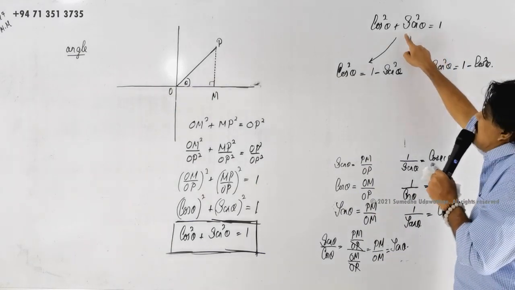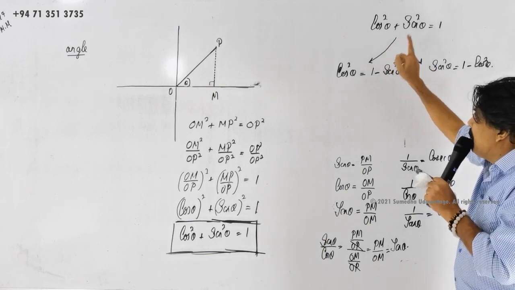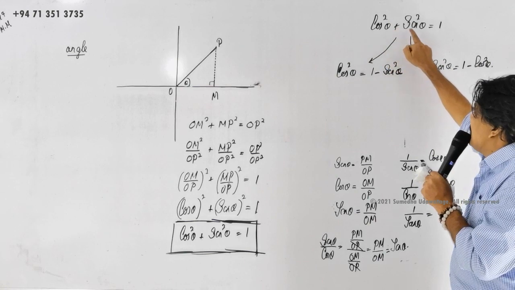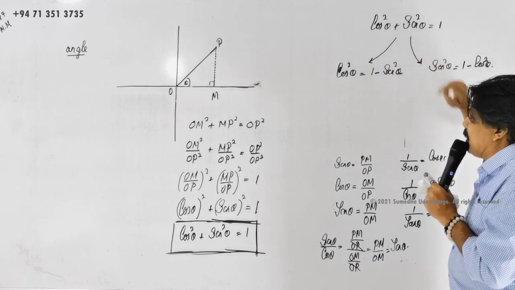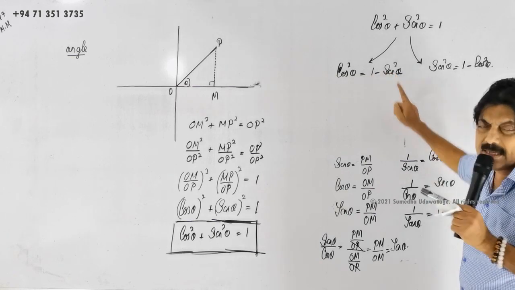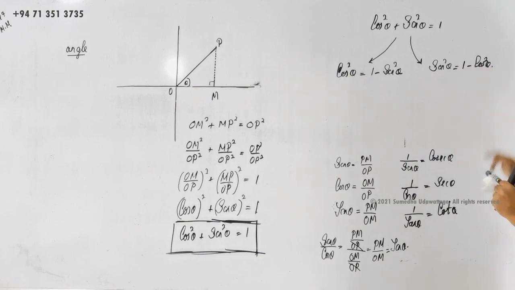When you memorize this, you don't memorize it alone. You memorize all three together. Cos square theta plus sin square theta is equal to 1. Cos square theta is equal to 1 minus sin square theta. Sin square theta is equal to 1 minus cos square theta.